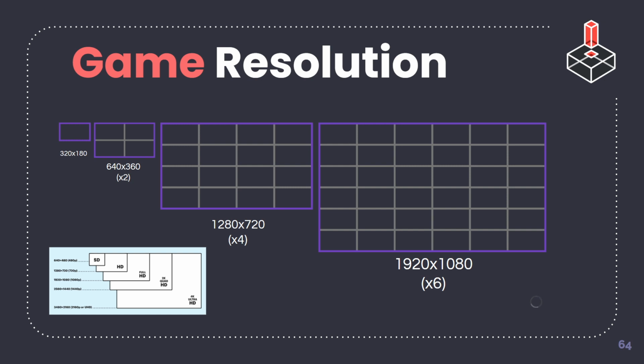Multiplying the base by 6 is going to get you 1920 by 1080, and you can apply it to the rest. 320 by 180 is going to be the standard for all pixel games these days. Celeste uses it, and so on and so forth. This scales naturally between all of the most popular resolutions.